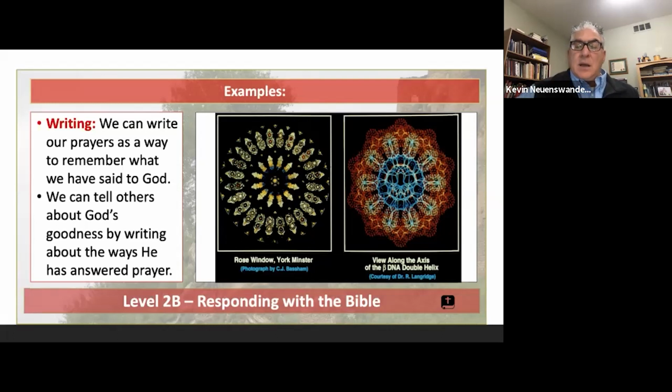Isn't that amazing? So we can map out the human genome and in it see the evidence of a creator, a great creator. And we can plan and now see a great planner. So look at that cross section of the double helix. It's more impressive than the stained glass window on the left, which is impressive anyway.